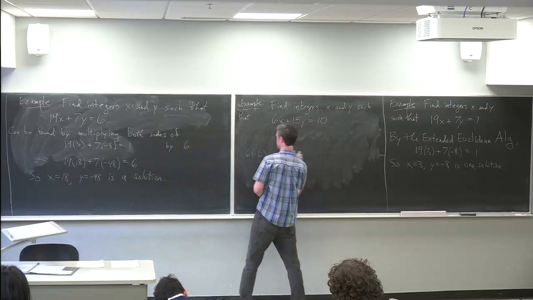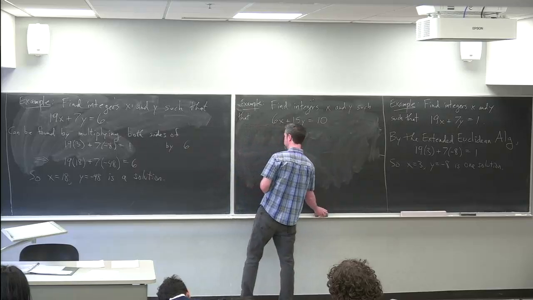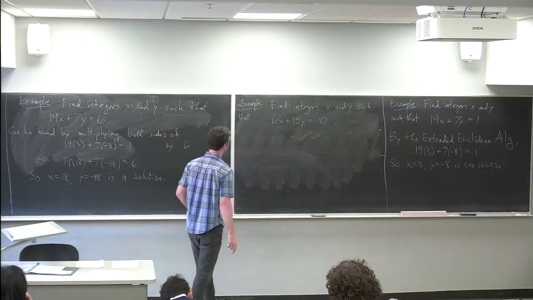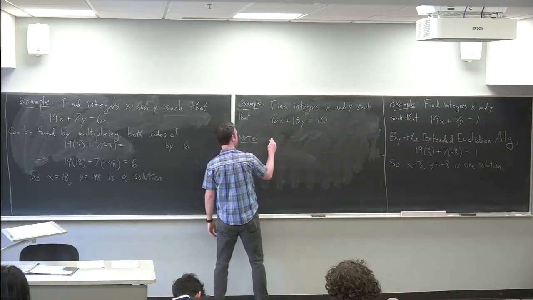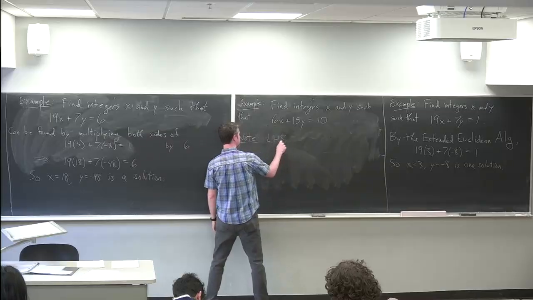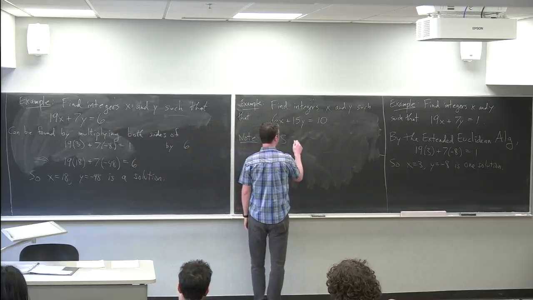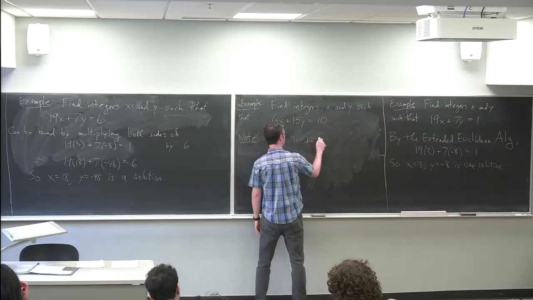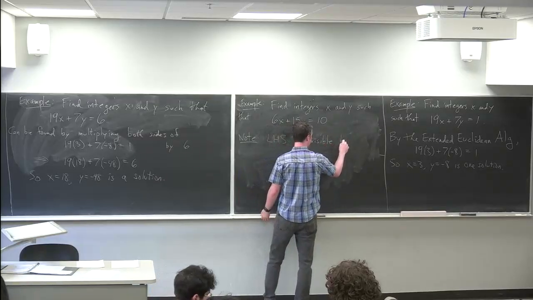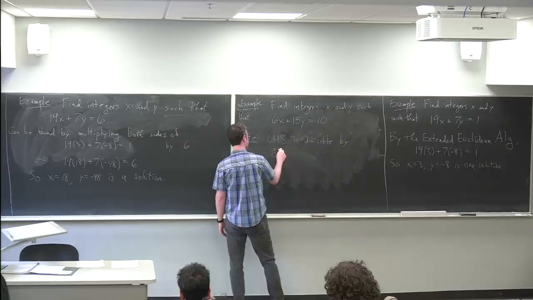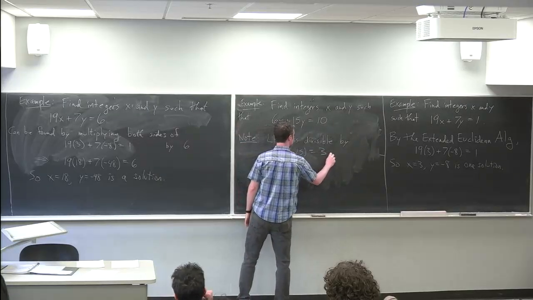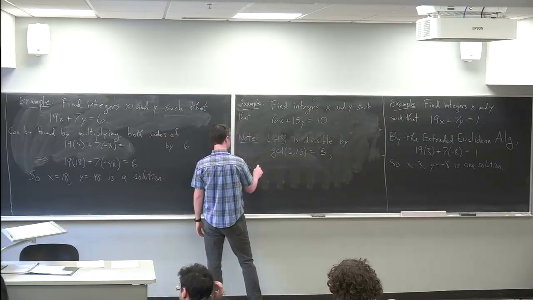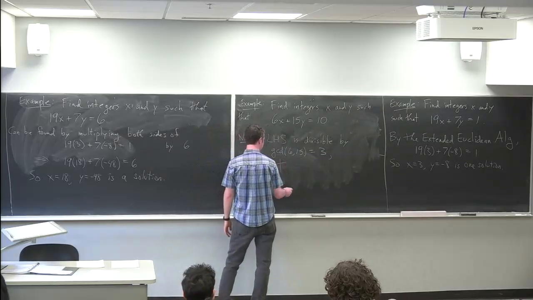So look, this is an important feature about what can happen in these sorts of things. Note that the left-hand side is divisible by 3. I mean, 3 is relevant because it's the GCD of 6 and 15, so I'll just point that out. But 3 does not divide 10.